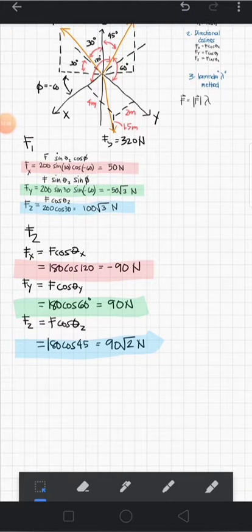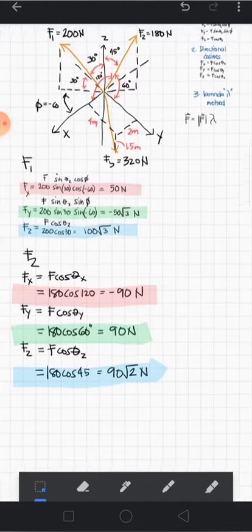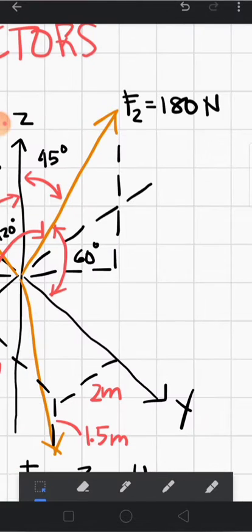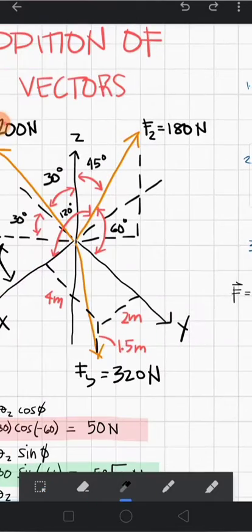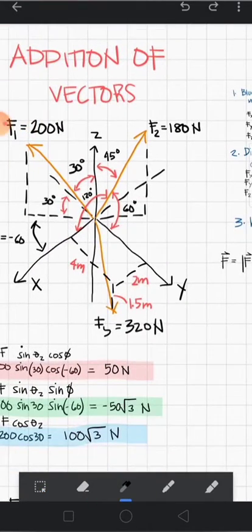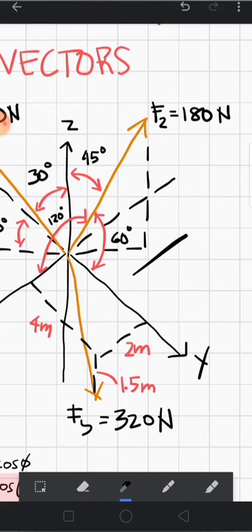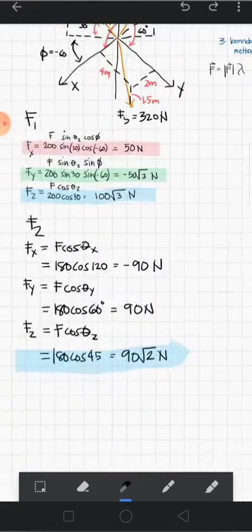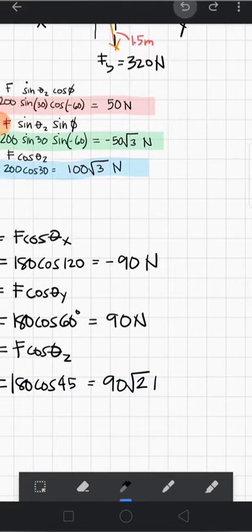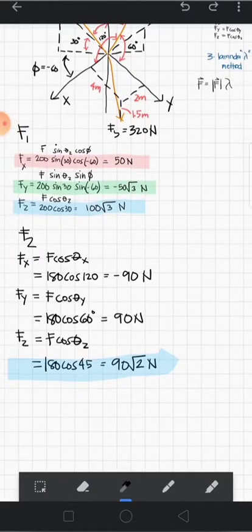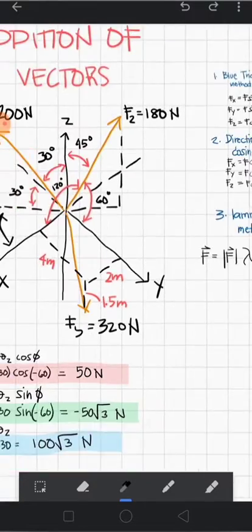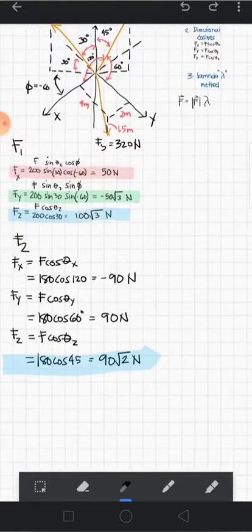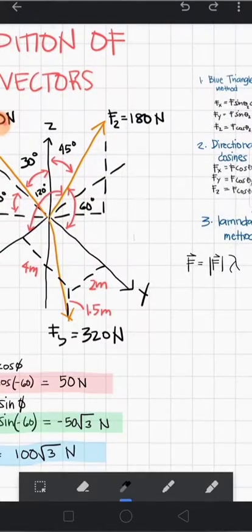Of course, you always have to check if it matches the force. Since we just break this force into its components, the Fx, Fy, and Fz, it should match the direction. So the Fx we have here is heading towards negative x. So it's correct. It's heading towards the negative x, and then for y, going to the right, so positive, and then positive z, it's going upwards.